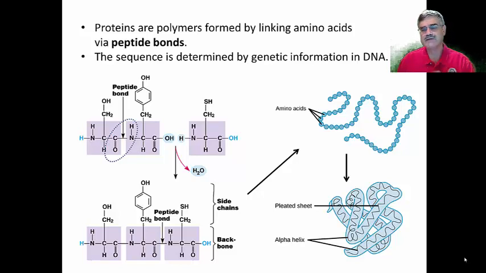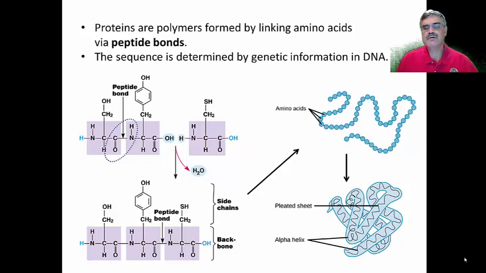For example, a given protein, lysozyme, for example, will have a specific sequence of amino acids determined by the sequence of nucleotides in DNA. We may have covered already the genetic code, 3 bases code for a particular amino acid. Okay, now here's what is interesting.